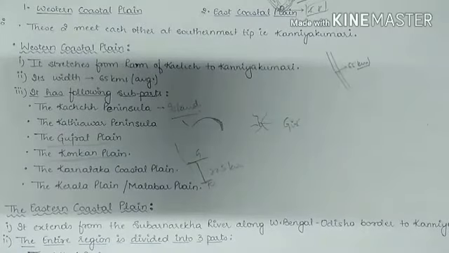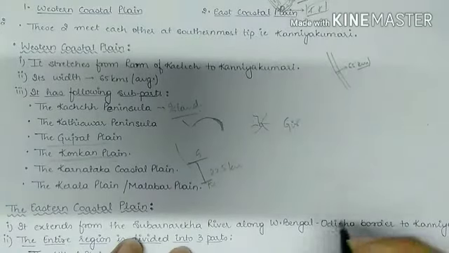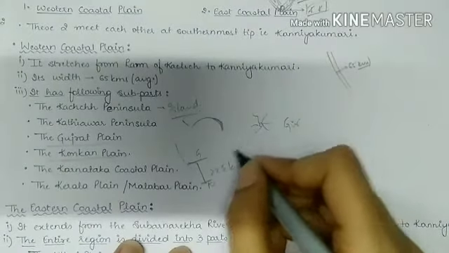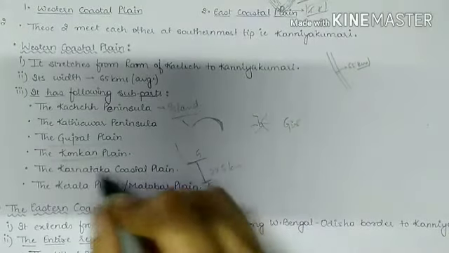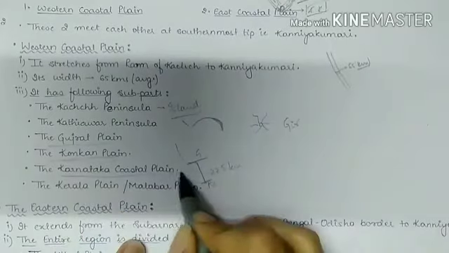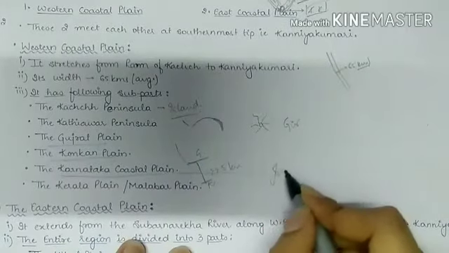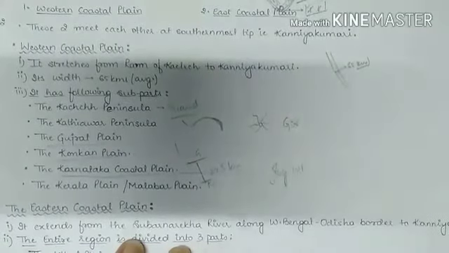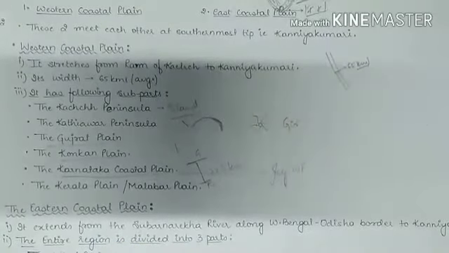Okay, the Sharavati, while descending over such a steep slope, makes an impressive waterfall which is known as Gersoppa or Jog waterfall. Okay, so we have Jog waterfall. We have marine topography which is quite marked on this plain, on this coast.